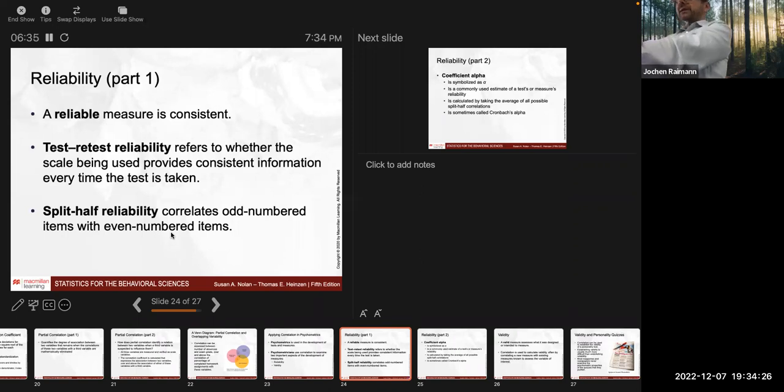One way to test that is by taking, let's say, 100 questions in your survey. You take the odd-numbered questions and the even-numbered questions, and you split them in half, and compare the correlation between the odd and even responses, or scores.